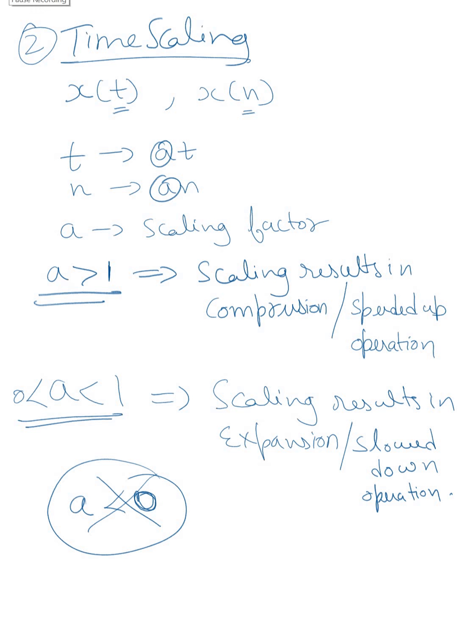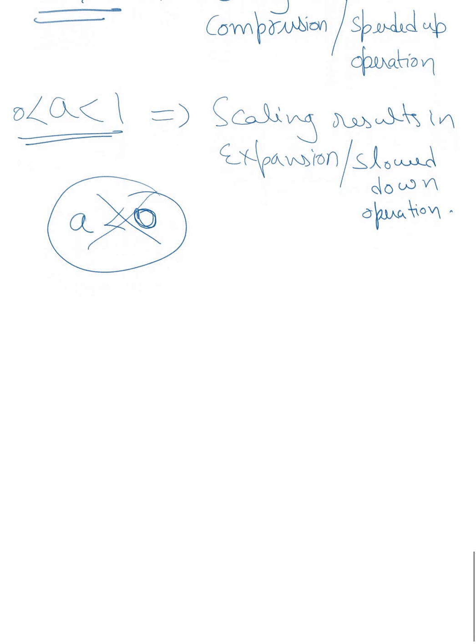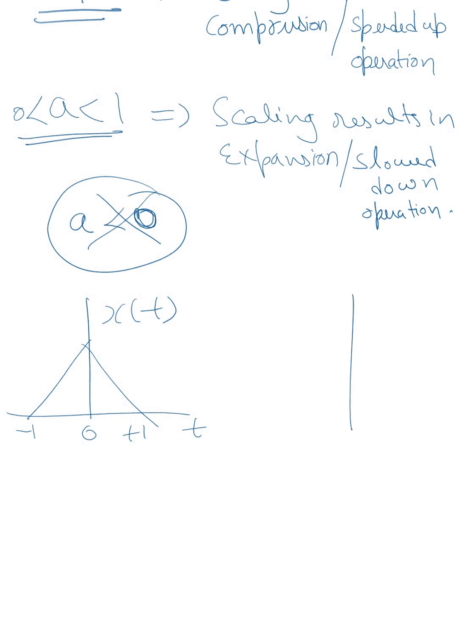Let us analyze this time scaling transformation with the help of an example. Let us assume a similar kind of signal, arbitrary signal x of t, the continuous time signal that lies from -1 to +1. And what will happen to the signal if we scale the independent variable from t to twice of t?